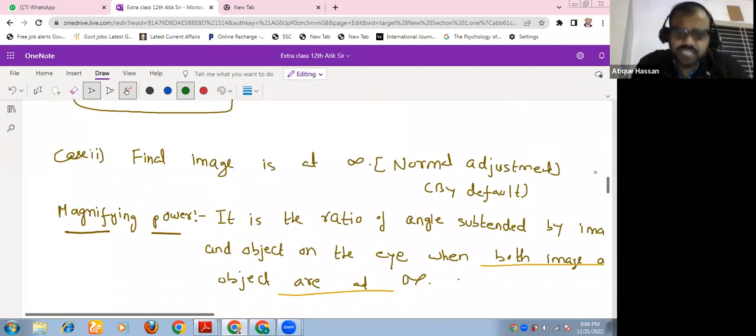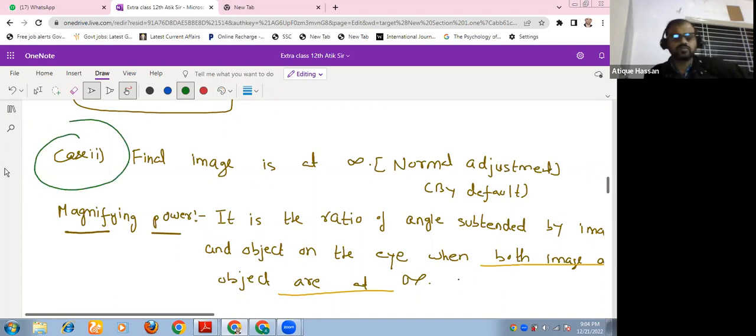So this was the first case, when the final image was formed at D, that is the least distance of distinct vision. Now we will discuss the second case, that is when the final image is formed at infinity. Sometimes also you will get a question like: find the magnification or magnifying power when the eye is maximum strained.